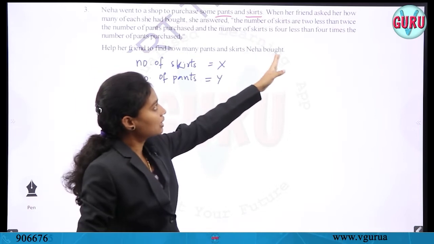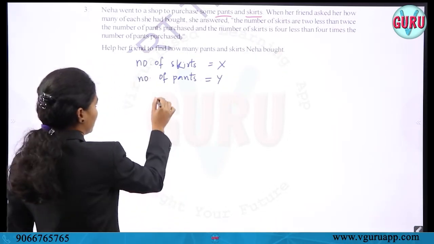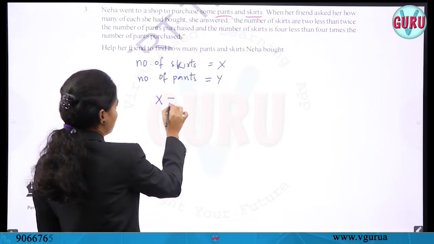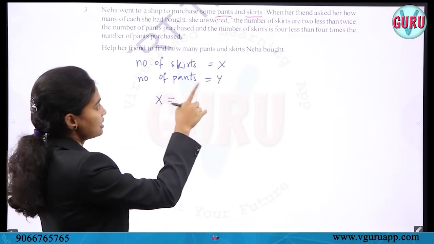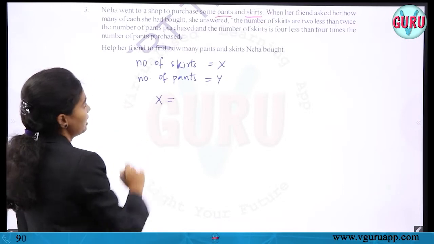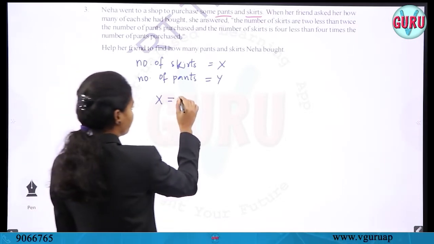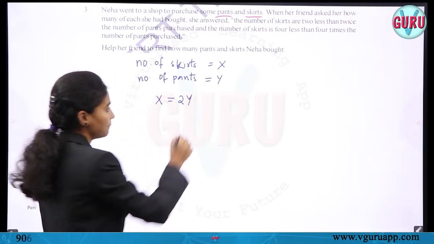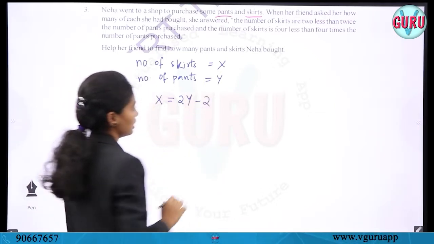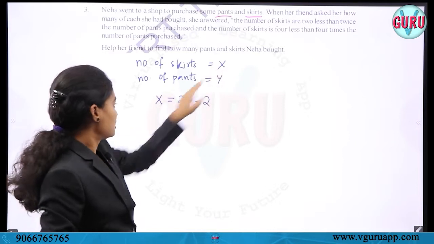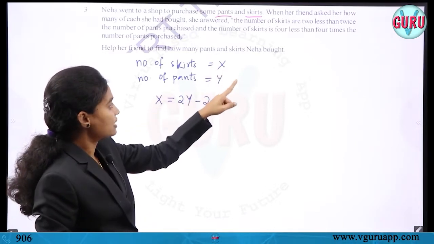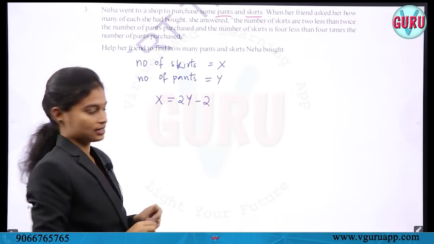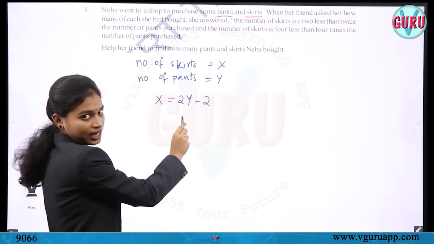The number of skirts, that means as the number of skirts is denoted by x, x is equals to 2 less than the twice the number of pants purchased. That means if 2y, see, the number of skirts are 2 less than the twice the number of pants purchased. Twice the number of pants is 2y.